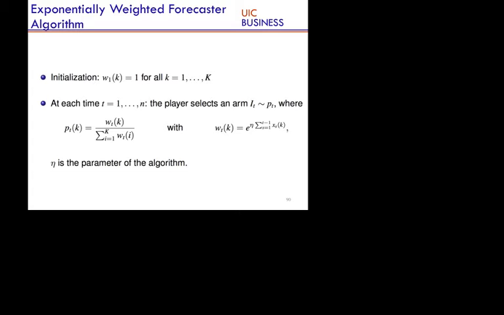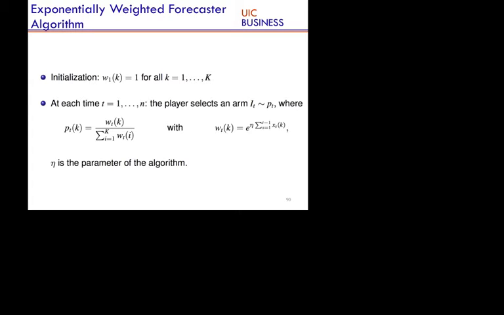At the beginning I said the weights are all 1, but at round t, I need to have weights w_t before so as to generate the arm. So p_t is a function of w_t, so I need to have these weights. These weights are going to be functions of whatever happened before.